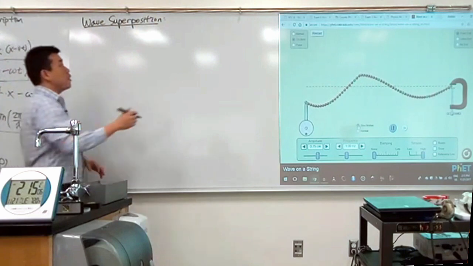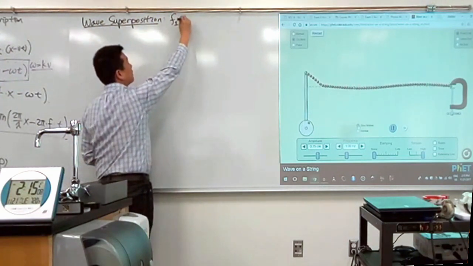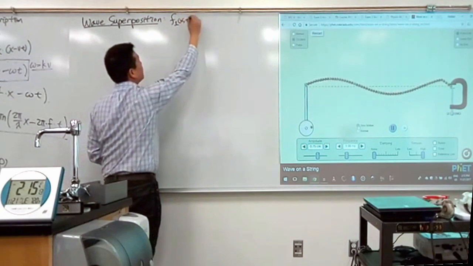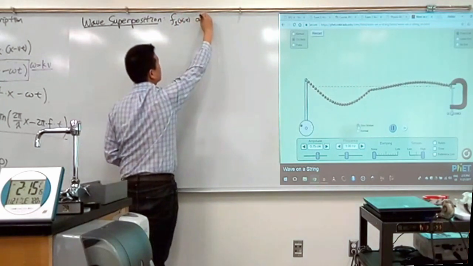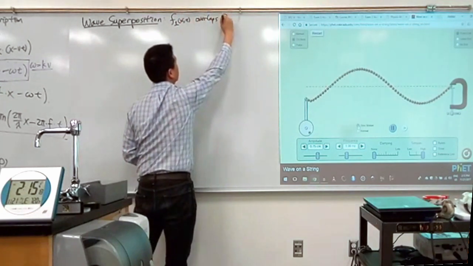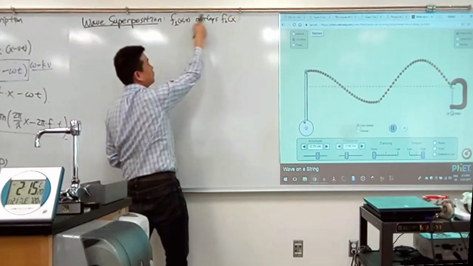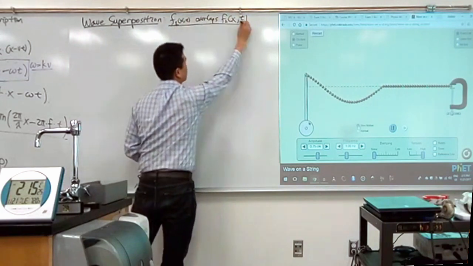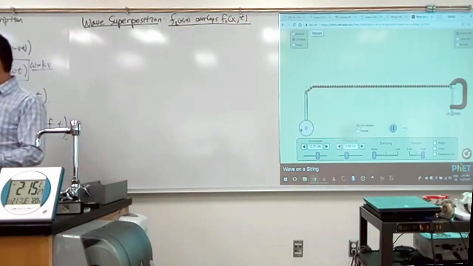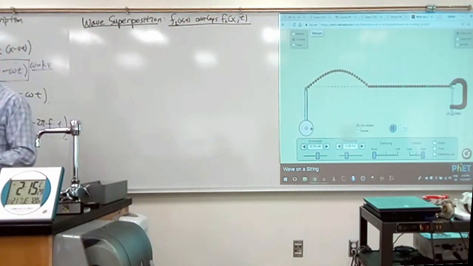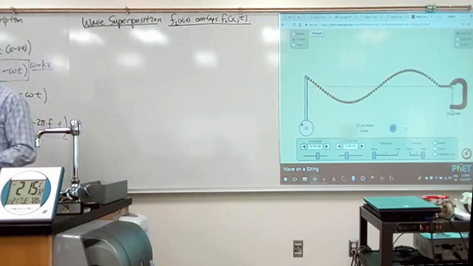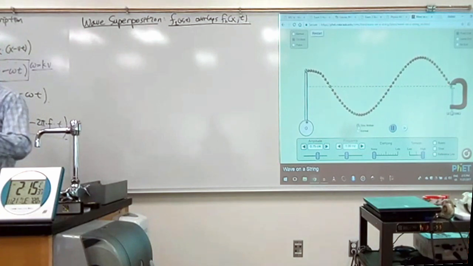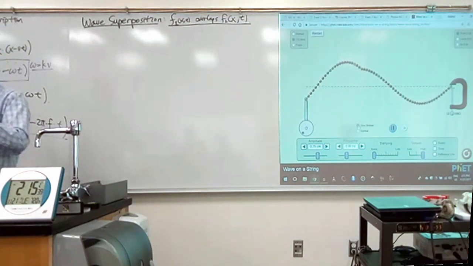You have a wave F1, a function of position and time, that overlaps with F2, a function of the same position and the same time. When these two waves overlap, what is the overall result? We talked about this last time, right? Do you remember? They simply add. That's the rule.